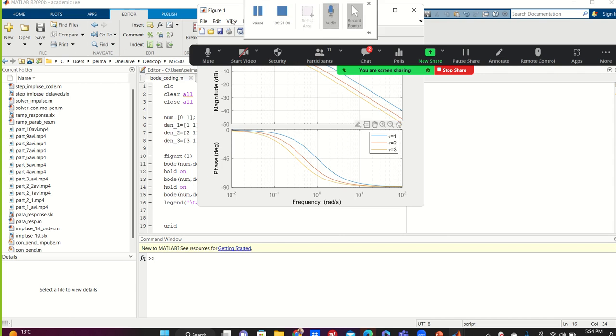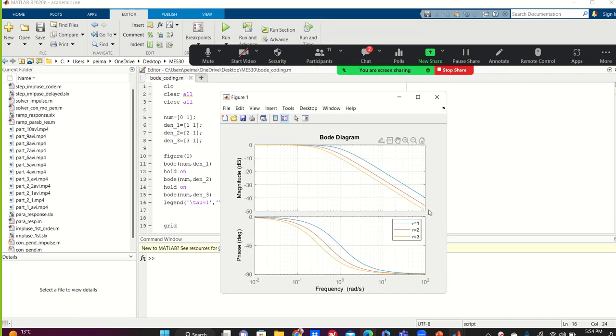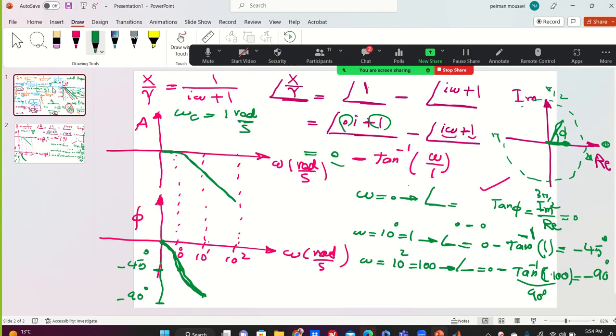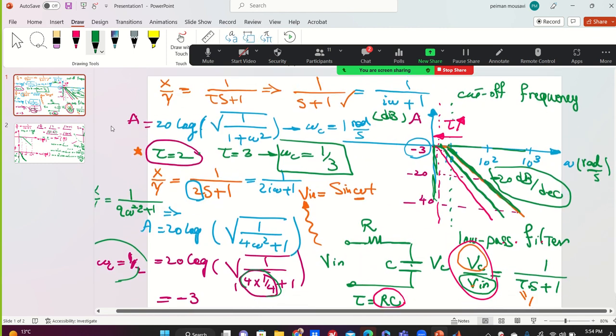Okay, here we go. As you see here, the blue is for time constant of 1, the red one is time constant of 2, and so on. Cutoff frequency, as your friend asked. What is that? Okay.